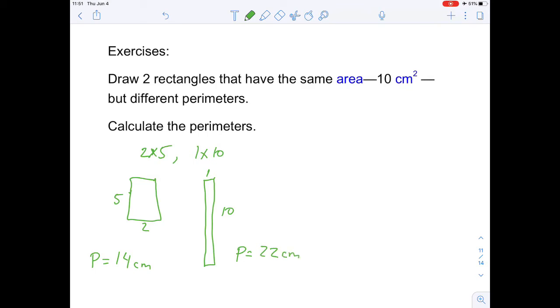So you see they both have the same area of 10 square centimeters, but different perimeters. If you have 2 rectangles with the same areas, you will always find that the longer and skinnier one will always have a bigger perimeter, and the one that is closer to a square will have the shorter perimeter.